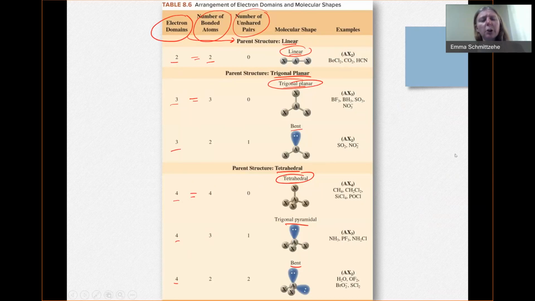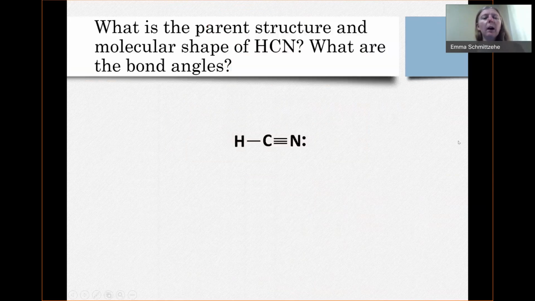You can draw the Lewis structures of them and see how it matches up with this information. Now I've got some examples where I'm giving you the Lewis structure. You should be able to draw a Lewis structure, so if I hadn't given it, you should first draw the Lewis structure, then apply VSEPR theory to answer these questions.